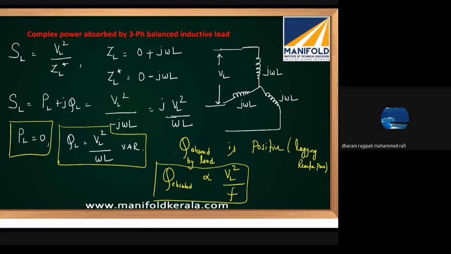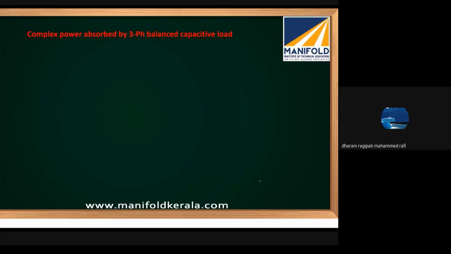Understand? With the decrease of frequency, the load absorbs more and more reactive power. The reactive power absorbed by the load is sensitive to the frequency of the voltage or current. This is one important point.